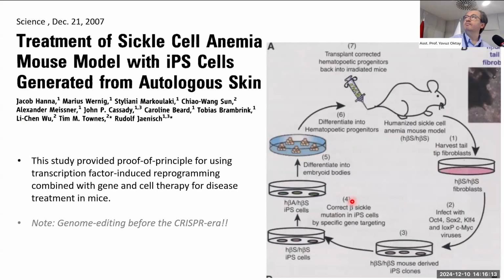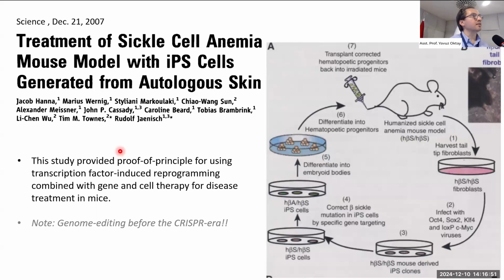Yeah, and one of them was shown by the group of Rudolf Jaenisch, that this approach can be used for treatment of sickle cell anemia. In this study, they used a humanized mouse model, obtained tail tip fibroblasts, and converted them to iPSCs. And after correcting these mutations in these iPS cells, I want you to notice that this was in 2007, before CRISPR.